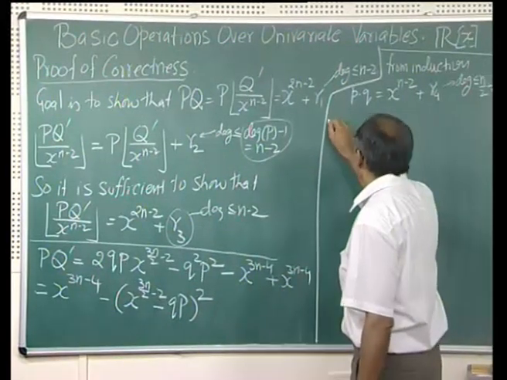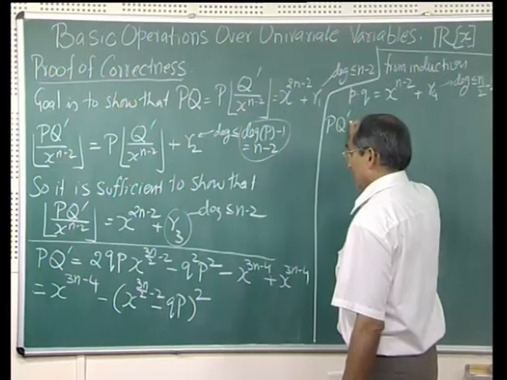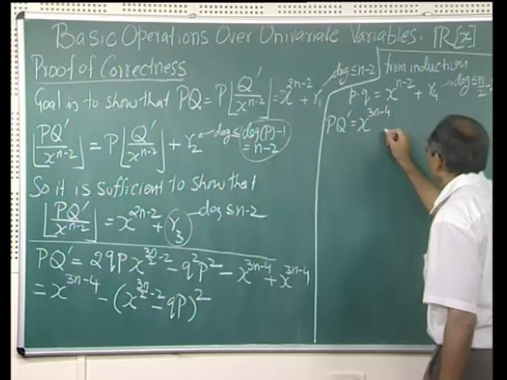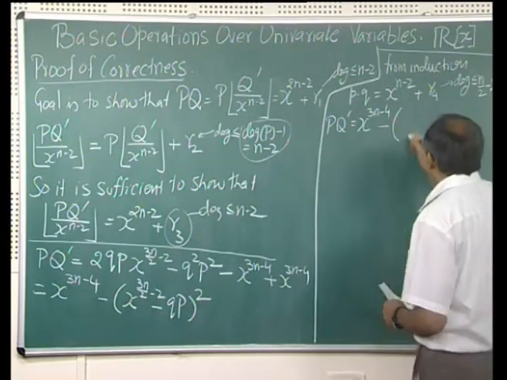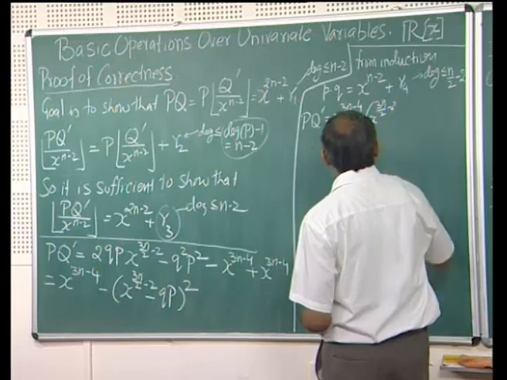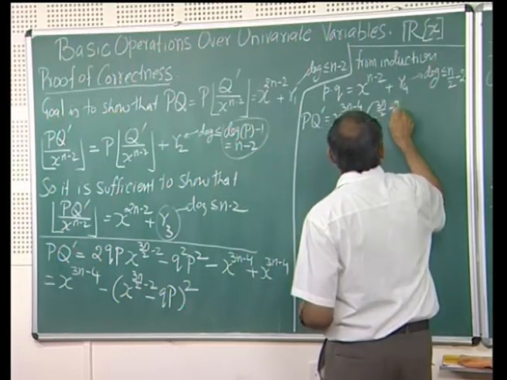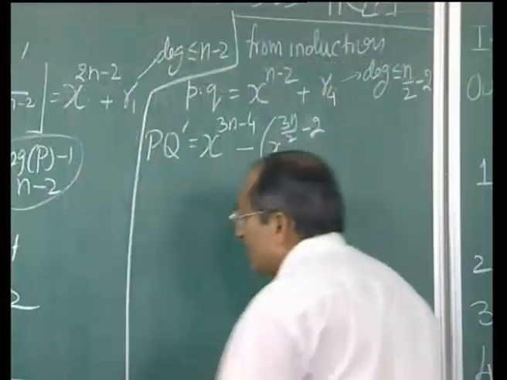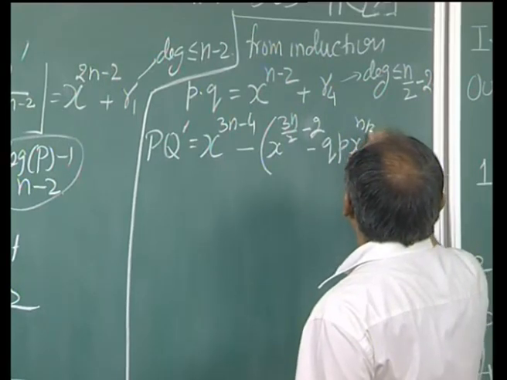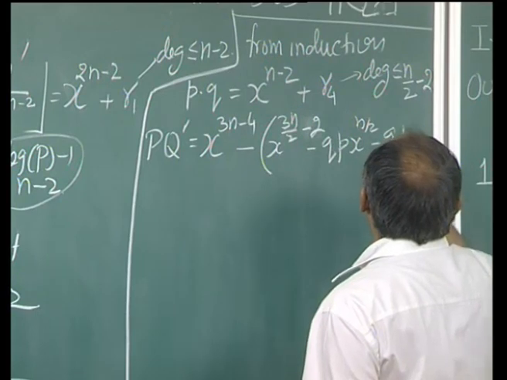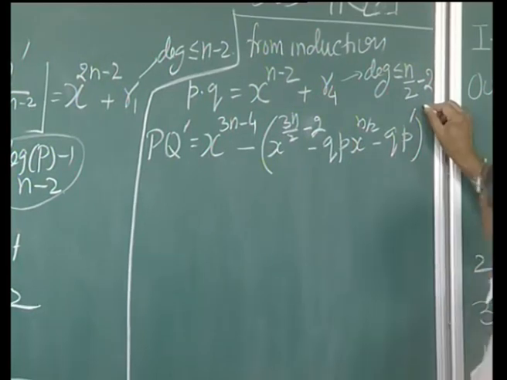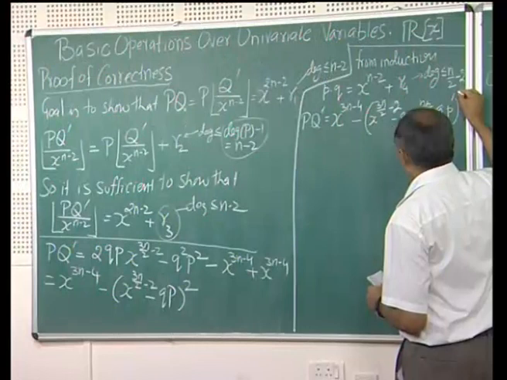So, we get p q' as x to the power 3n minus 4 minus x to the power 3n by 2 minus 2, and QP is q small p x to the power n by 2, and minus q p', whole square, this square.